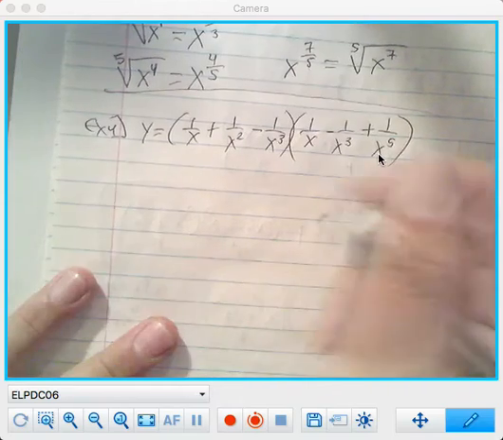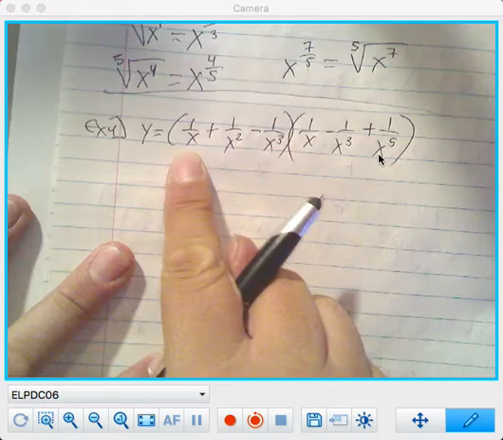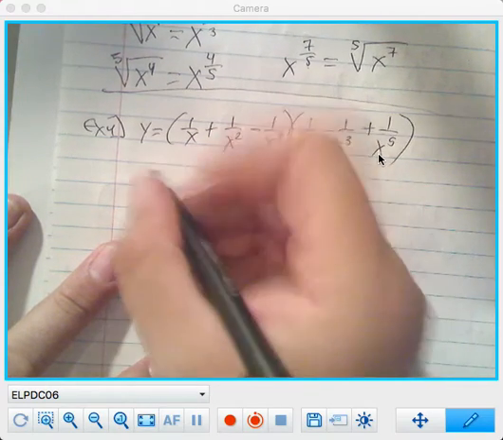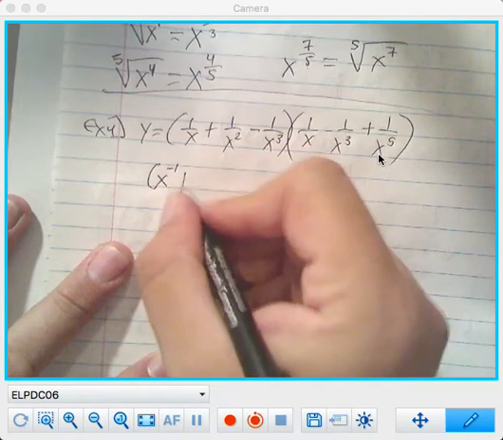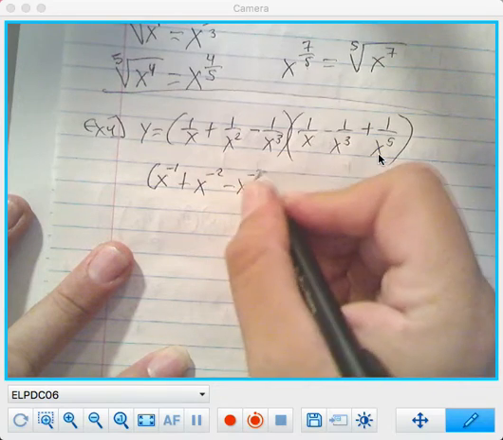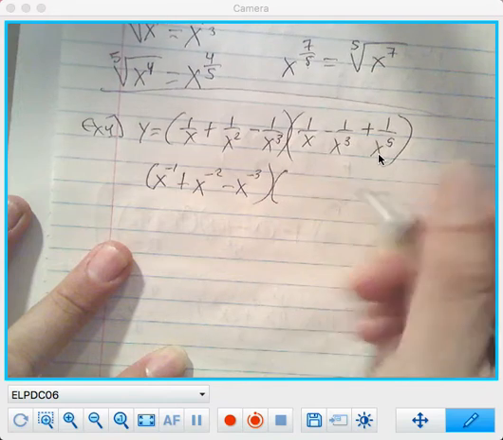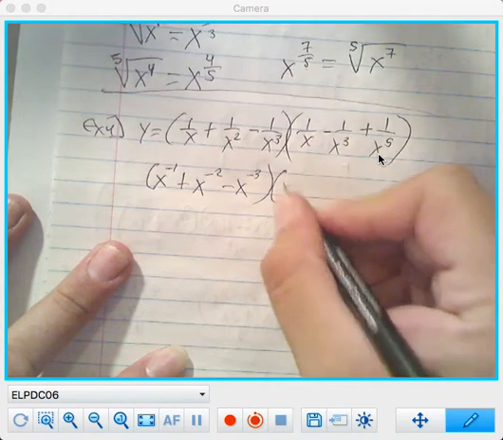The first thing we're going to do is bring the letters to the top. How do we do that? You just flip the signs. So this is going to be x to the minus 1 plus x to the minus 2 minus x to the minus 3. If you don't know how to do this, you should have come to my tutoring yesterday, Wednesday, but you didn't.